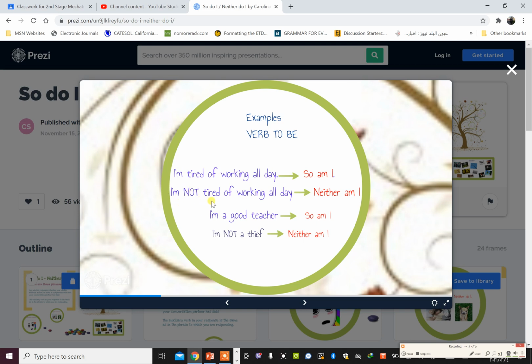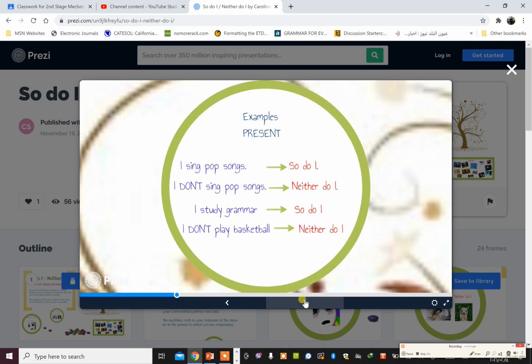Here, I'm not tired of working all day. We have negation, nafi. So I use neither, and of course the same auxiliary verb, neither am I. I'm a good teacher, so am I, or I'm not a thief, neither am I. Okay, so it is basically the same auxiliary verb that we already take.